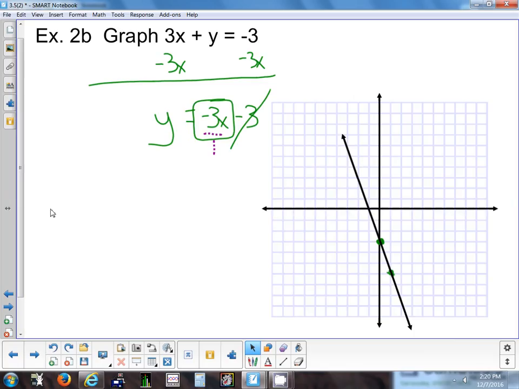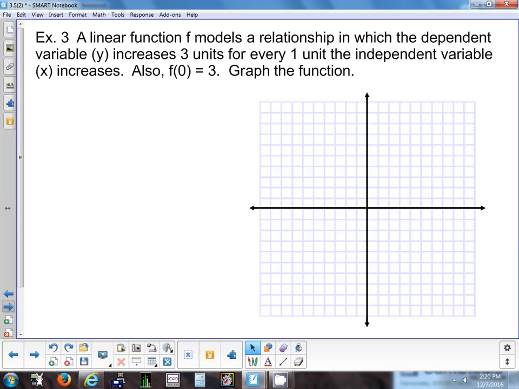So, make sure it's in y equals mx plus b. Sometimes you might have to move the x, like in the last two we've done. Graph your y-intercept. From the y-intercept, use your slope. All right? Mr. Hager, you want to take a look at this one?